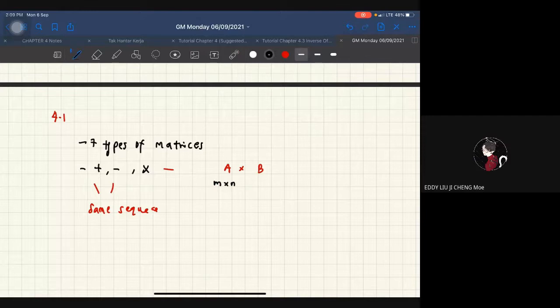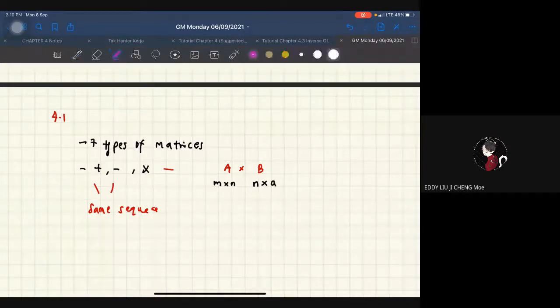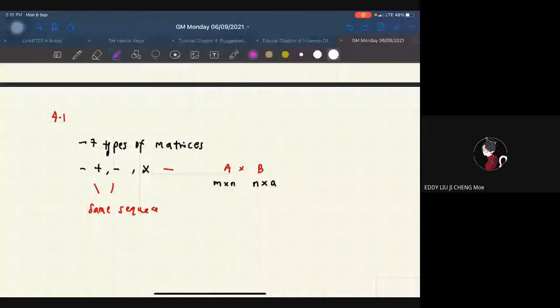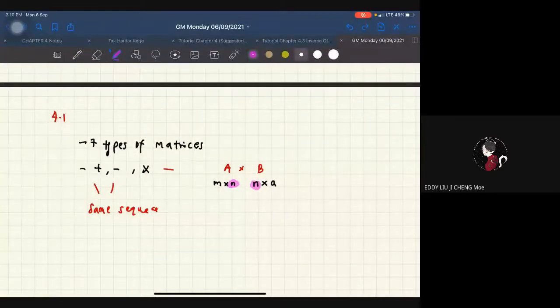Okay, so the other matrix, dia mestilah dia punya row tu sama juga dengan column yang A tadi. So let's say we have matrix B is N times A. Okay, so dia mestilah yang dekat sini, it must be the same. Here and here mesti sama. Kalau dia tak sama, then multiplication tu cannot happen.